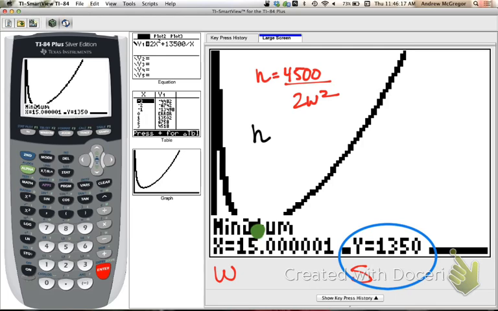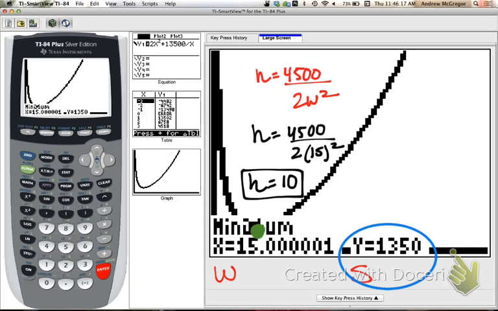There might have been an even simpler form of this. Over 2 times 15 squared. Yeah. And height ended up being 10. If you know the height is 10, and you already know the width, could you figure out the length? What's the length? Length is 30. Why is it 30? Yeah, you're doubling 15. Okay?